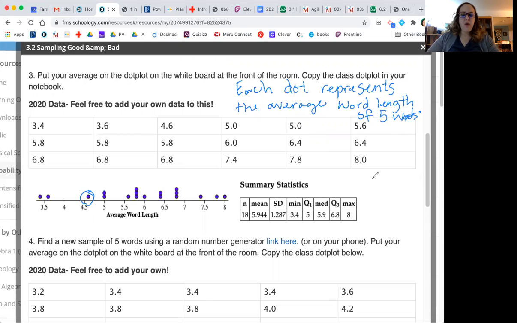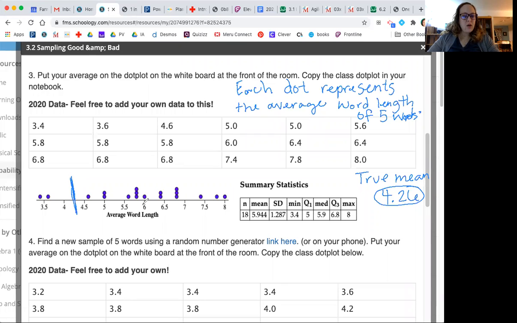Now I'm going to tell you that our true mean, if you took every word in the Gettysburg Address and counted the number of letters in each word and found the average, is 4.26. So when we look at our dot plot, the true mean would fall somewhere right in here.